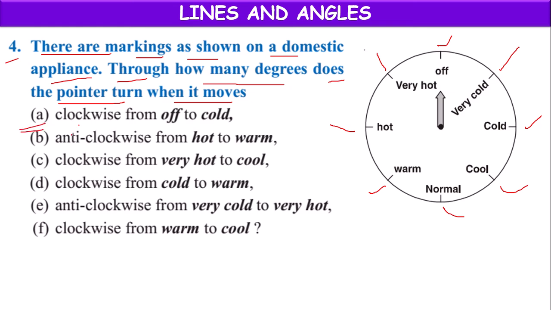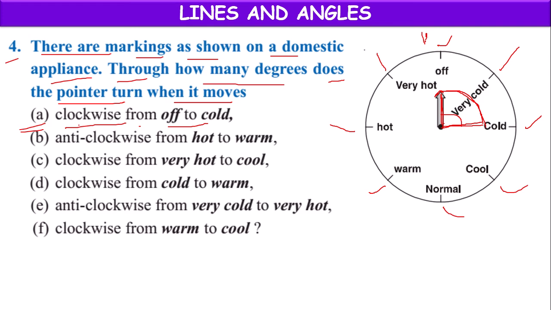In question A, clockwise from off to cold means this hand, as in the clock, is moving from off to cold, through this arc length. So what is the angle made by this arc length?